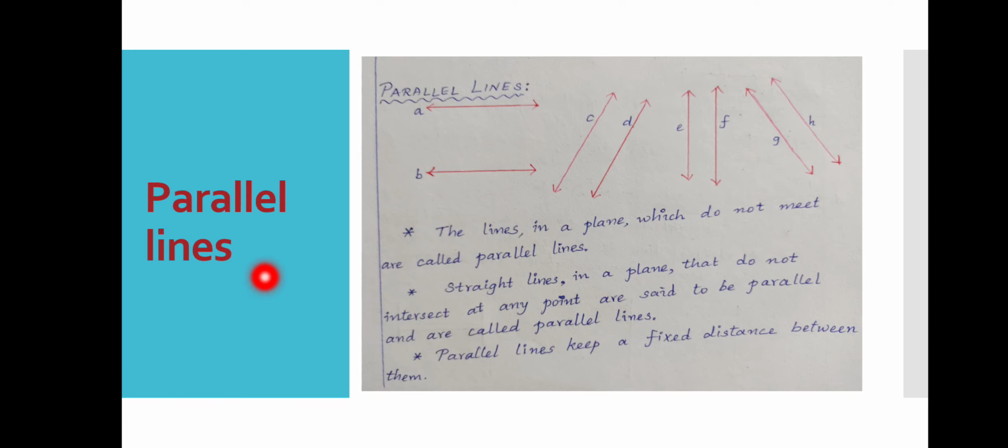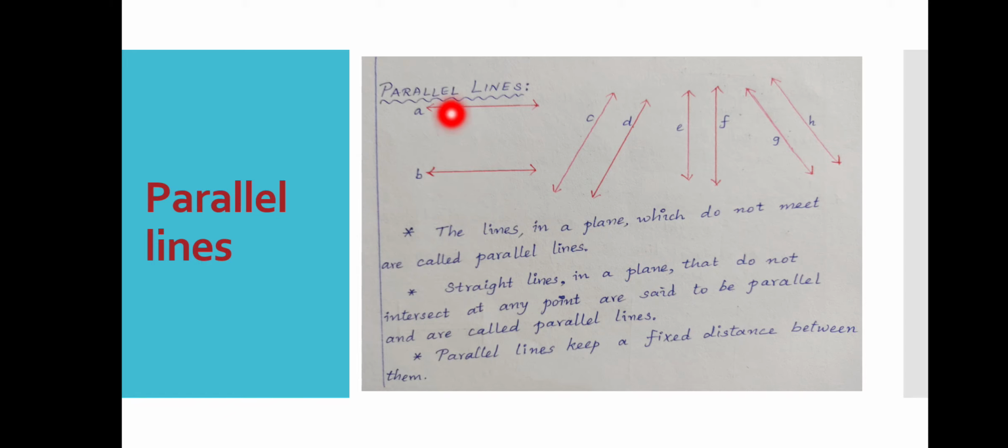Parallel lines. See, parallel lines do not intersect with one another. The lines in a plane which do not meet are called parallel lines. One more condition is there, parallel lines keep a fixed distance between them.